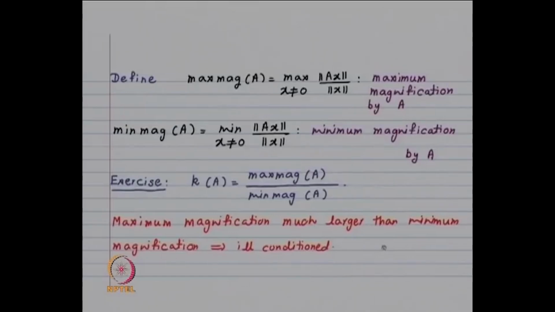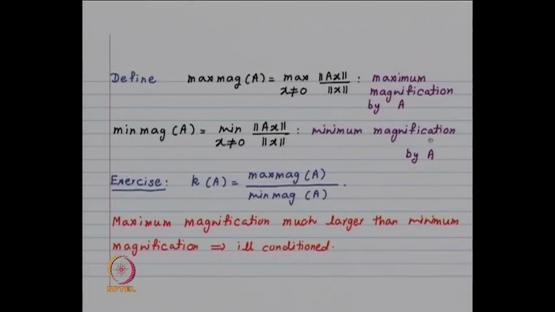Now, I define the maximum magnification of A, that is the maximum of norm A x by norm x, x not equal to 0. So, this is nothing but our norm A, the induced matrix norm. You define the minimum magnification of A to be the minimum of norm A x upon norm x, x not equal to 0.